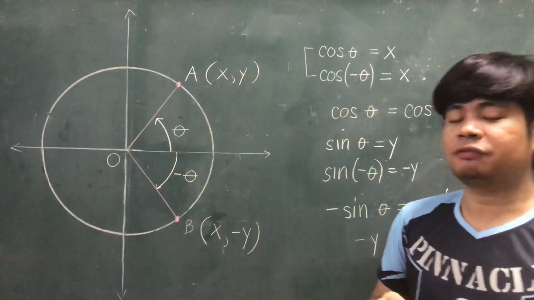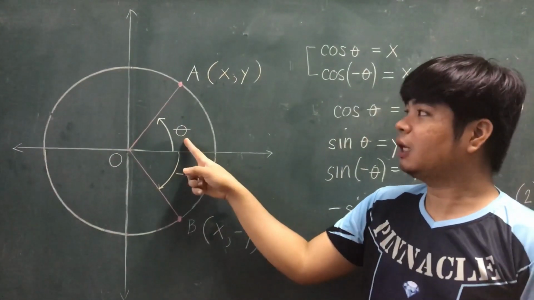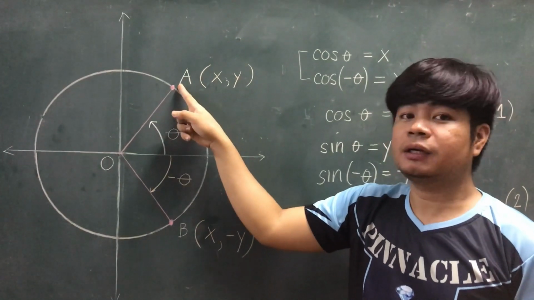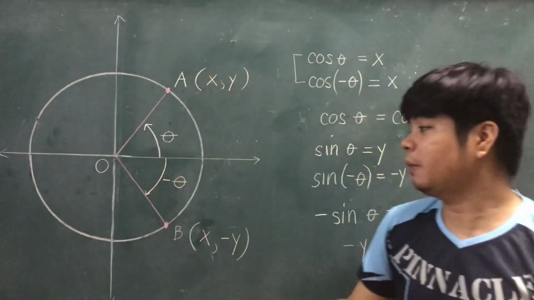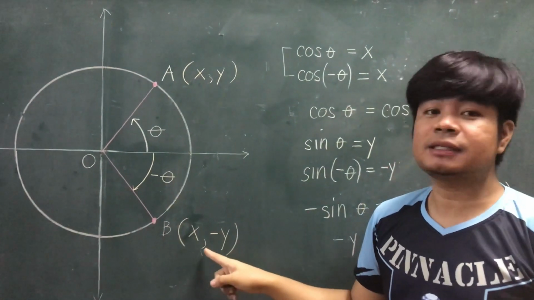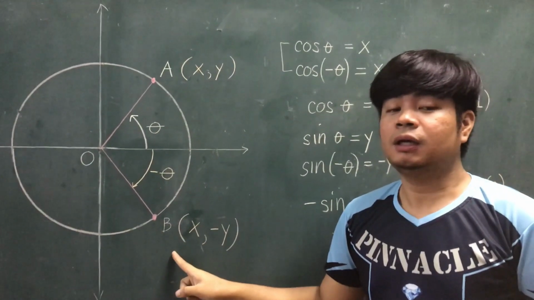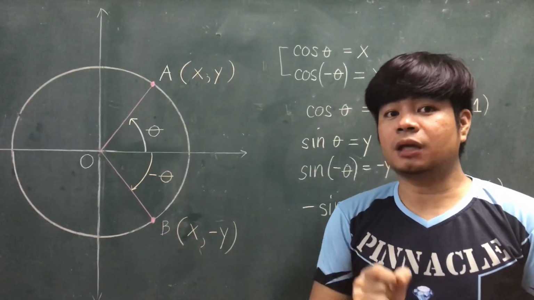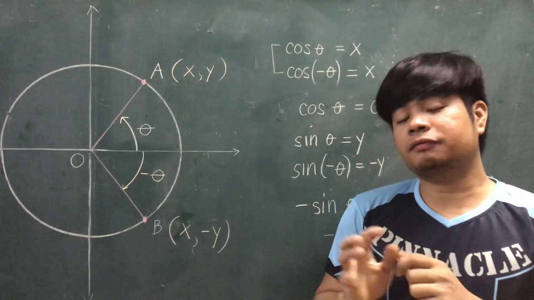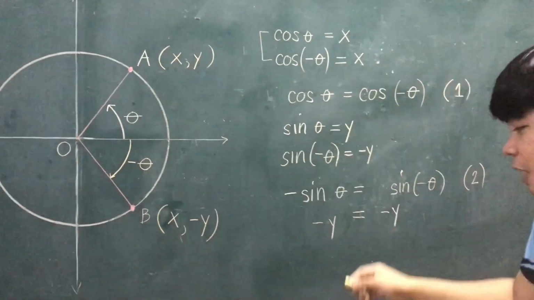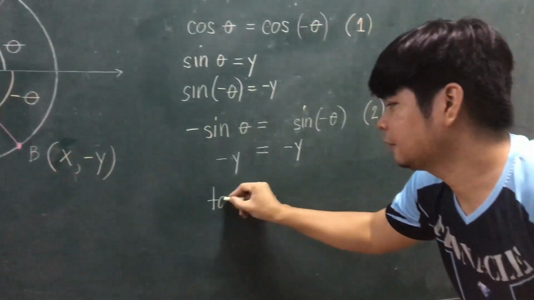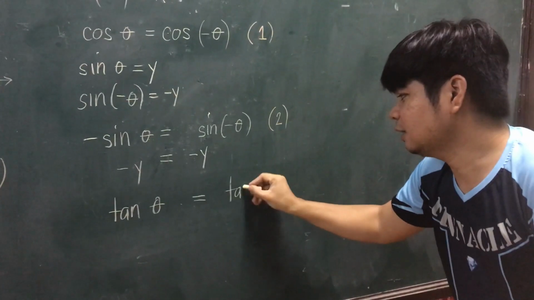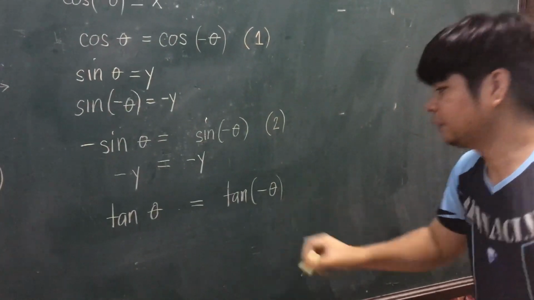For the tangent function, tangent theta here will give us a positive value because point A is found on the first quadrant. However, tangent negative theta will give us a negative value because point B is found on the fourth quadrant. For them to be the same, one must be negated, or get the product of the function and negative 1. So we can write that negative tangent theta is equal to tangent negative theta.